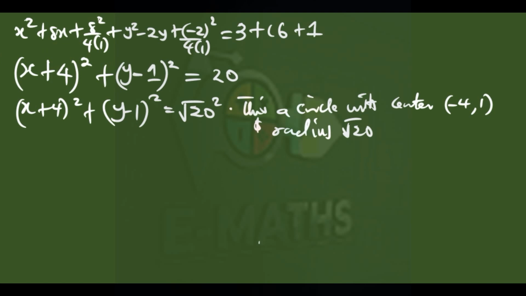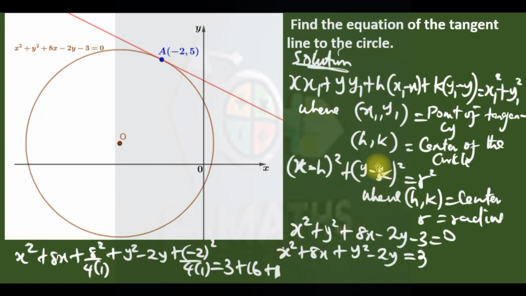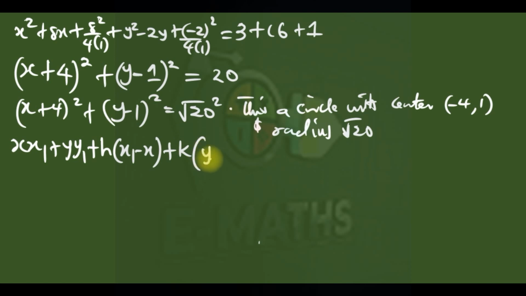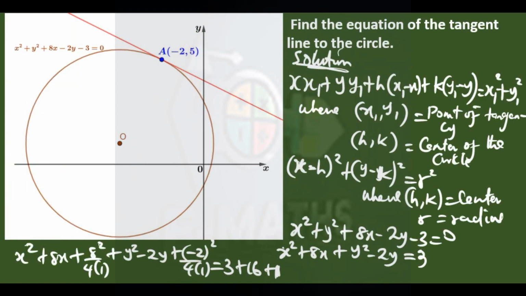So if you remember, I told you that the formula is this, so we're going to use this formula now. Let me just repeat the formula: the equation of a tangent to any circle is always x1 plus y1 plus h x1 minus x plus k y1 minus y equals x1 squared plus y1 squared. So we now substitute our x1, which is minus 2, and y1 is 5.